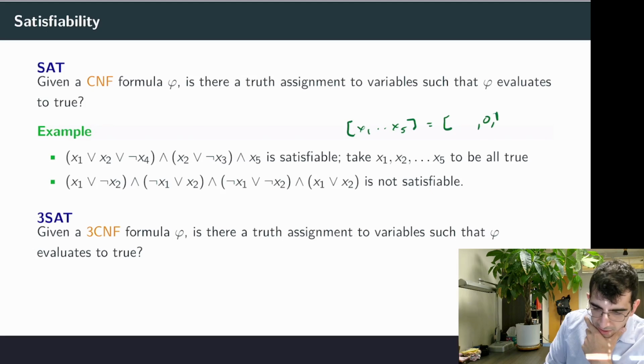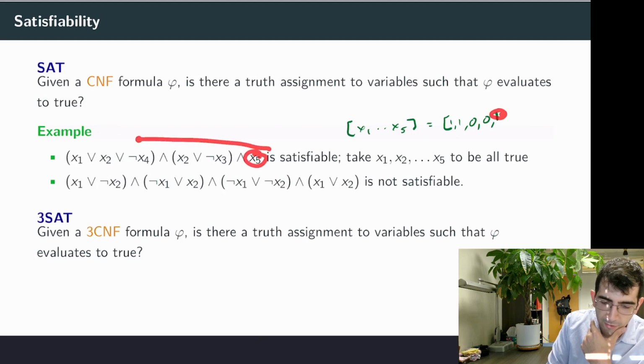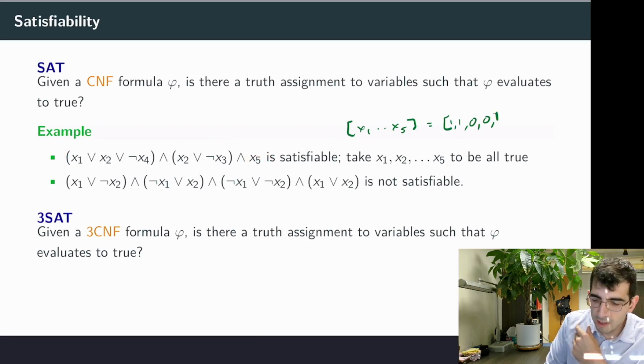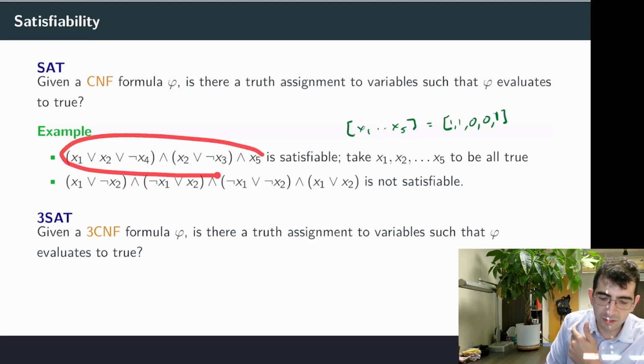Because of this variable, this clause would evaluate to true. Because of this variable, this clause would evaluate to true. And because of this assignment, this clause evaluates to true. And therefore, all these truths ANDed together give the formula as true. So definitely there is at least one assignment where this formula would evaluate to true.